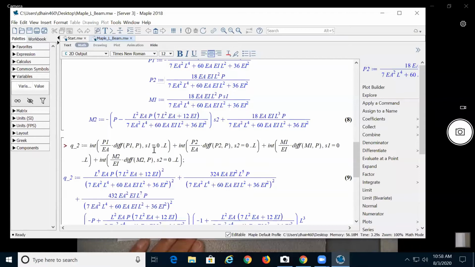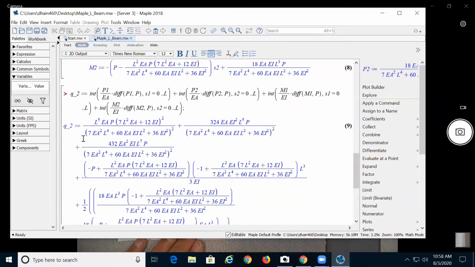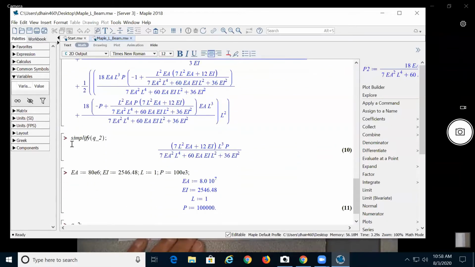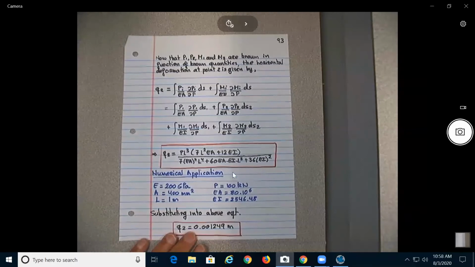Remember S1 is 0 to L, S2 is 0 to L, so you integrate, you see this ugly expression, but magically you can just type simplify Q2, and you end up with this relation for the horizontal deformation at point 2. Which is given over here, okay?